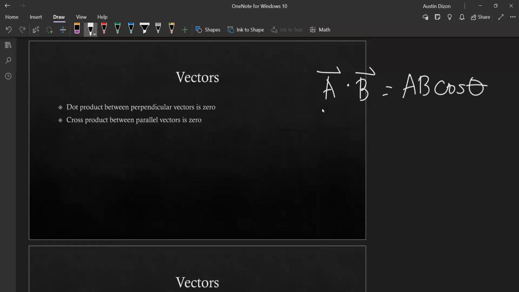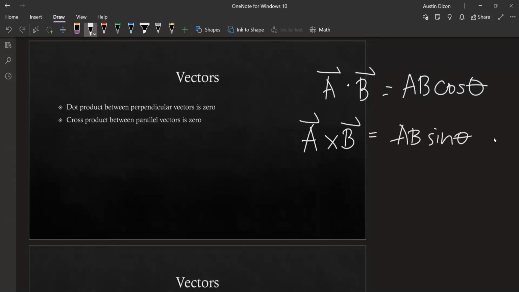Di ba? Kung naalala nyo sa math subjects nyo. And then kapag may cross product ka, kunwari A cross B, ang mapaproduce mo naman is yung AB sin theta. Naalala nyo yun?